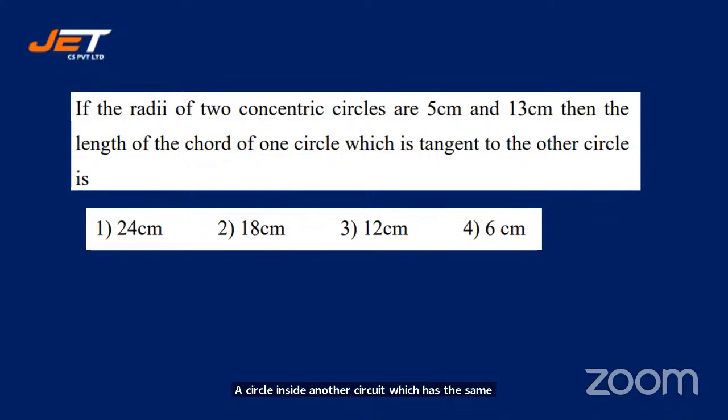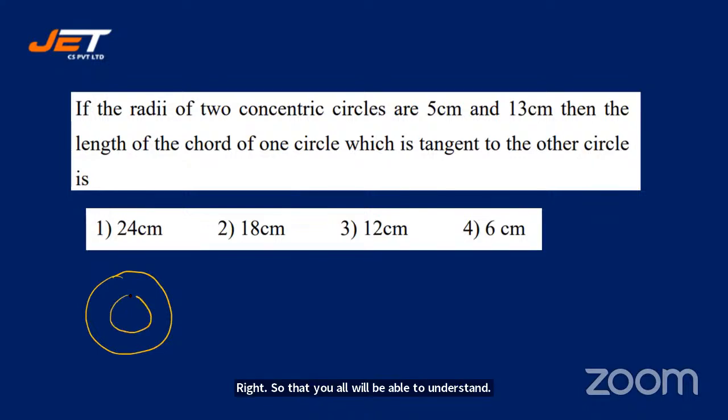Right. So let's quickly give you the figures so that you all will be able to understand. So both the circles have the same center point. Okay. And he says the radii of two concentric circles are 5 centimeter and 13 centimeter. So now you need to find out the length of the chord.